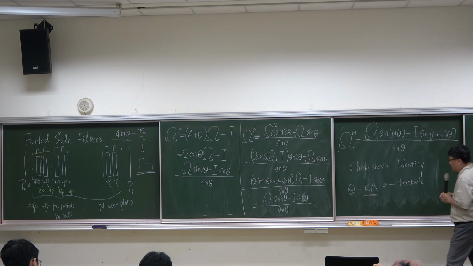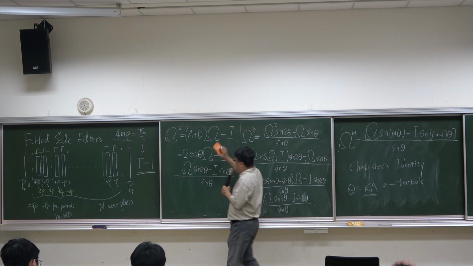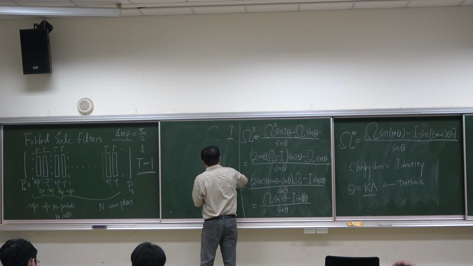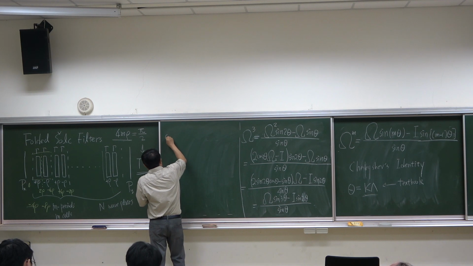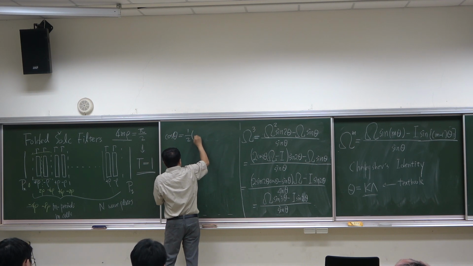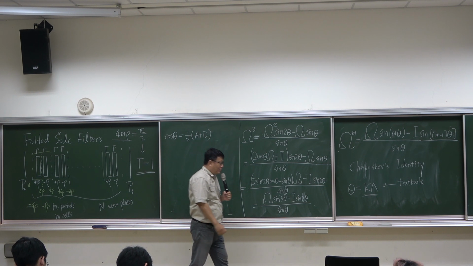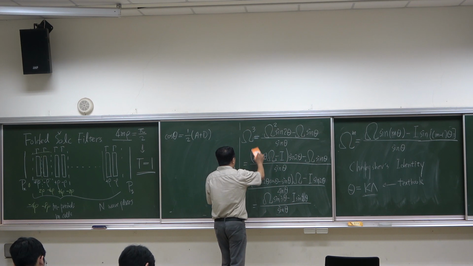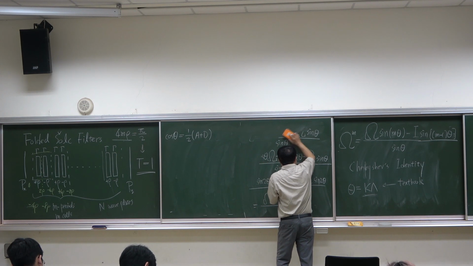Okay, so now we have this theta defined as 1/2 of the sum a plus d. So we have cosine theta defined as 1/2 a plus d, and we can use this parametrization to find the m-th power of matrix omega, which is what we want to see.